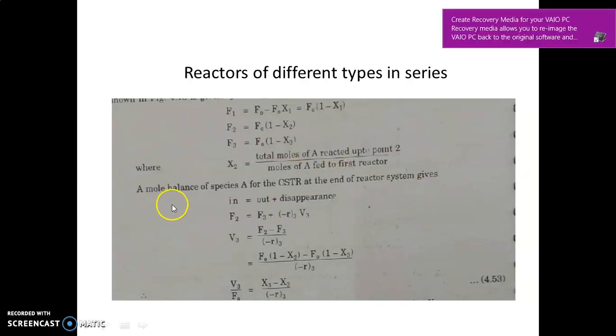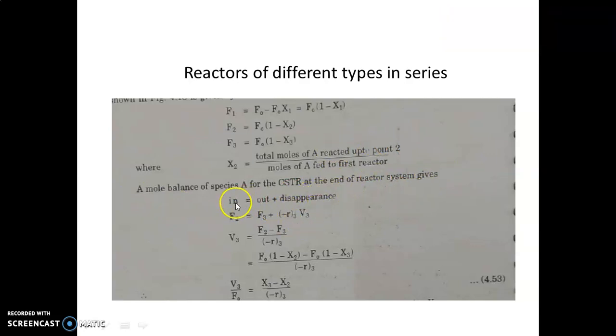So we can write the mole balance for the last reactor. We know that input is equal to output plus disappearance. So for the third reactor, input is F2, output is F3, and the rate of disappearance is given by minus R3 into V3.